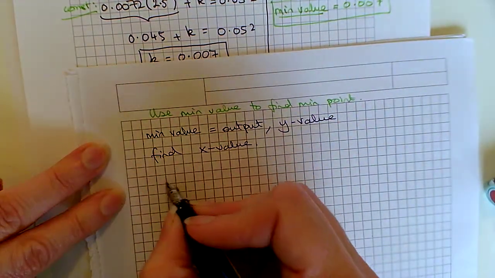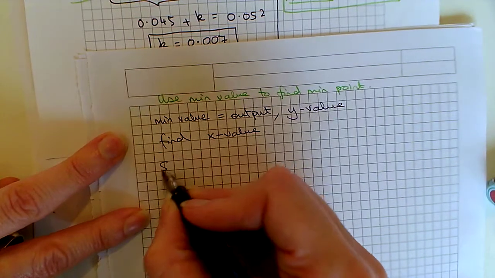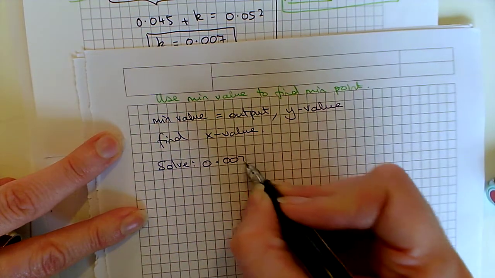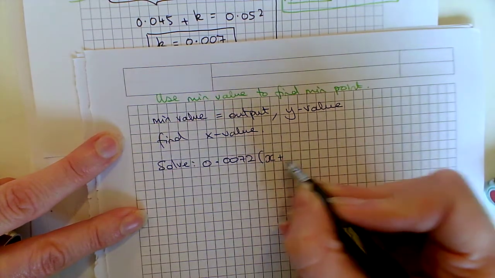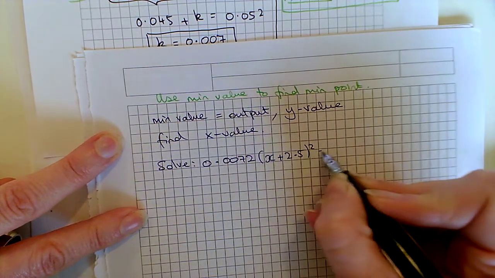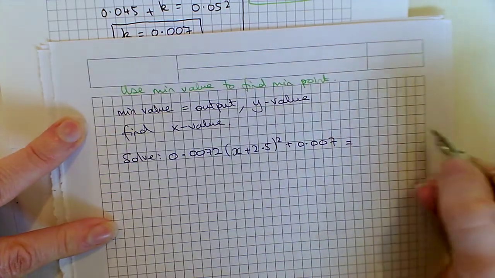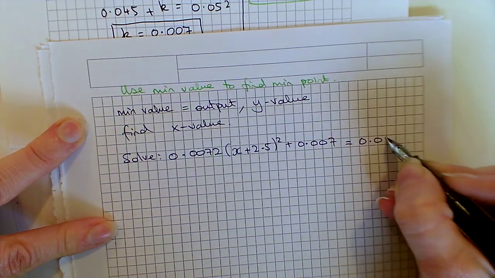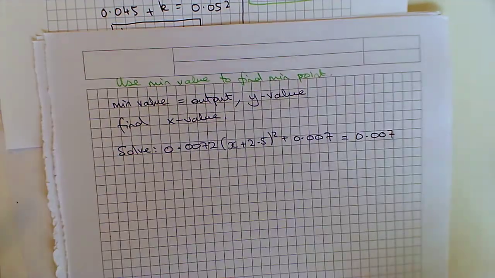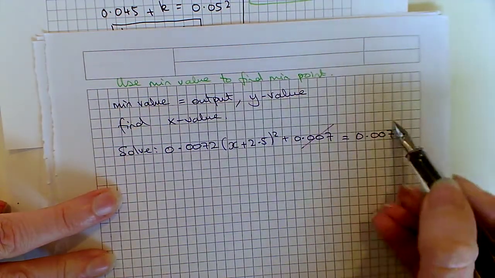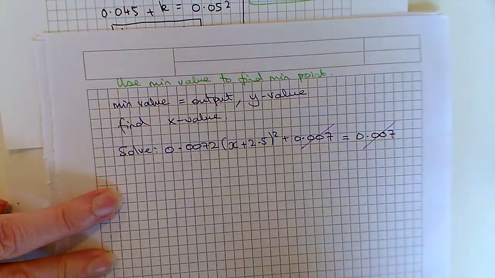So what they want us to do is this. They want us to solve 0.0072 x plus 2.5 squared plus 0.007 equal to 0.007. Well, that's actually really easy though, isn't it? Because these guys will cancel each other out when we subtract them.